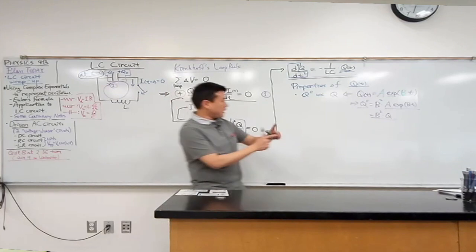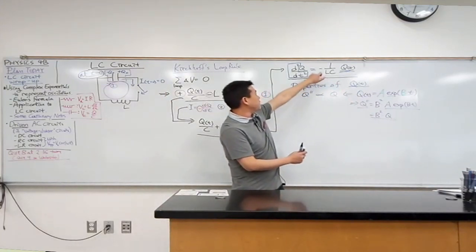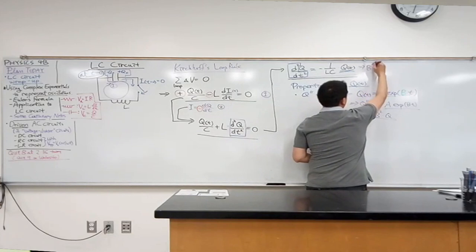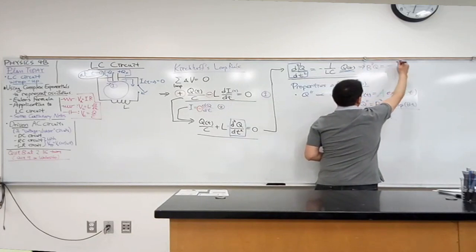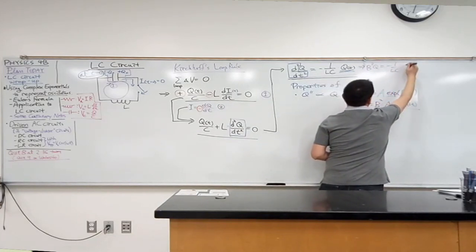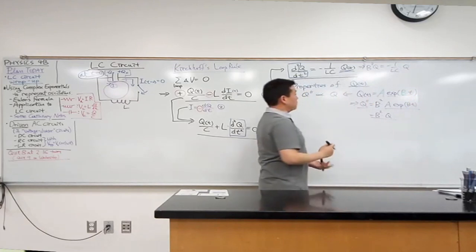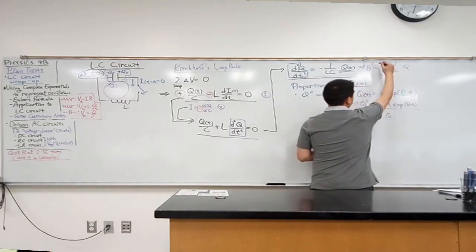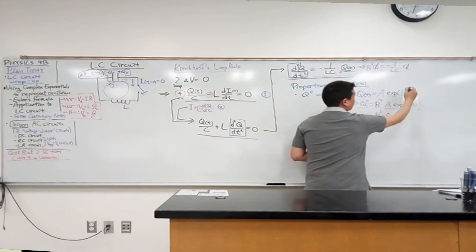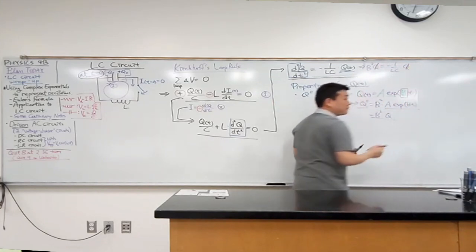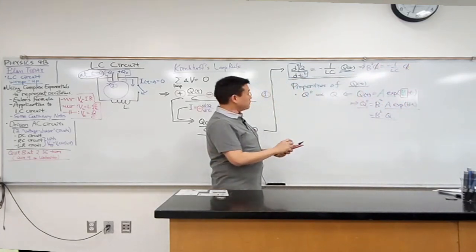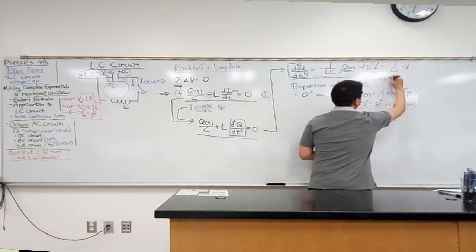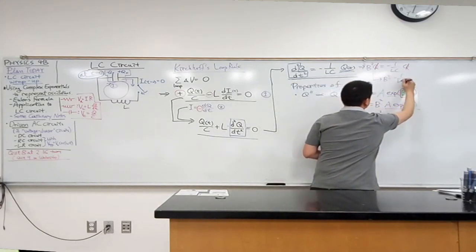Let me finish the last step, plug this in here. What we are trying to say is that b squared q is equal to minus 1 over LC times q. Q cancels out, so it looks like we are imposing some kind of condition on this parameter b, and the condition is that b squared is equal to minus 1 over LC.